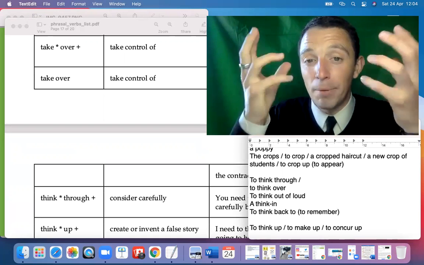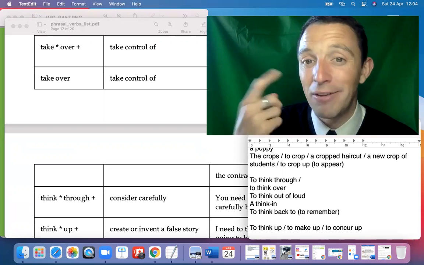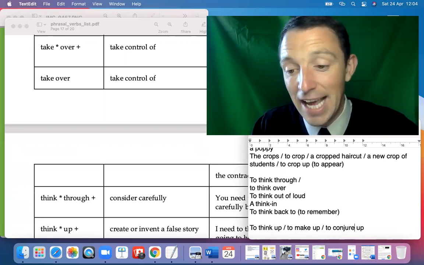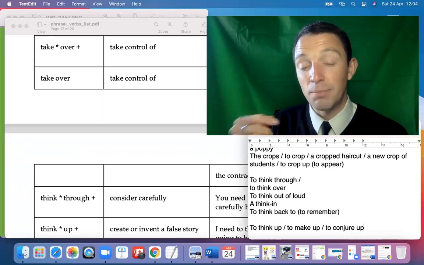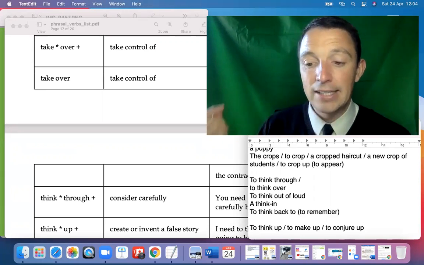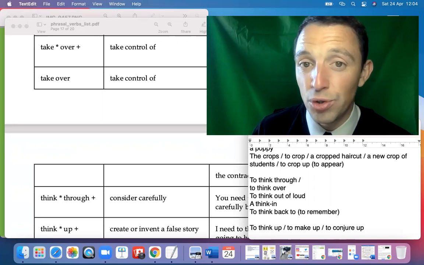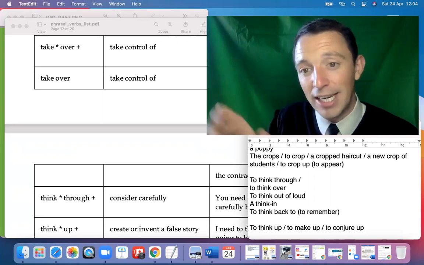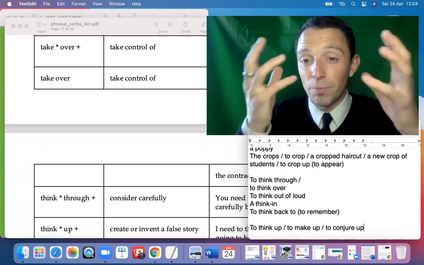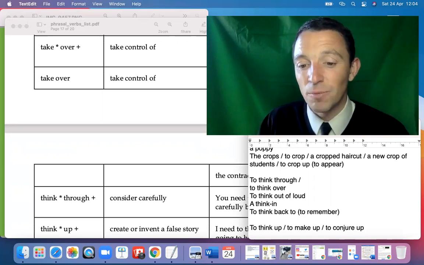So if you make up a story, the significance is to invent. Okay, to conjure up, that's the same, and it's more advanced, but it means to create as well. And it's possible in relation to food. So today you have the ingredients and the ingredients are limited. So you want to conjure up something. So you want to create something.